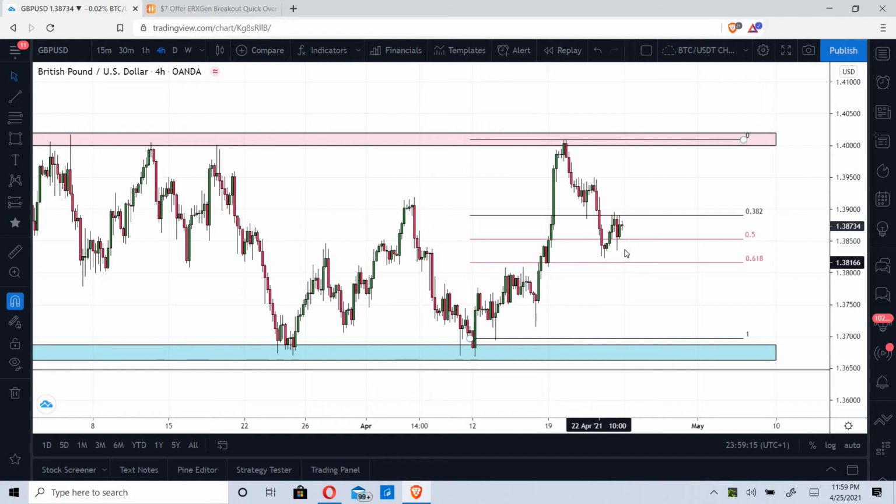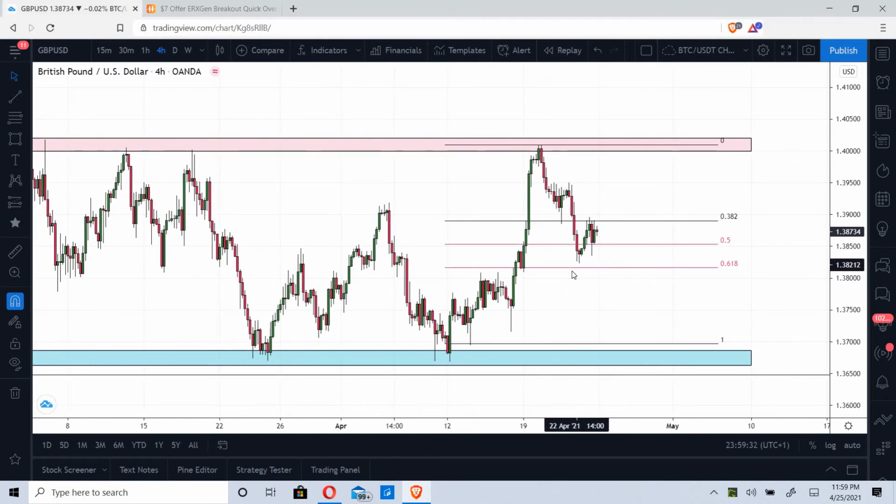Okay, at this structure level, what price is actually doing is that price has tested this support area of Fibonacci, and has not been able to break through, and is going to the upside.